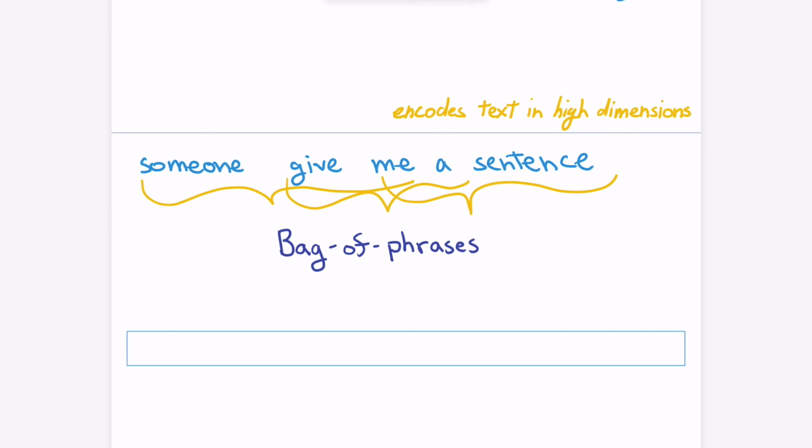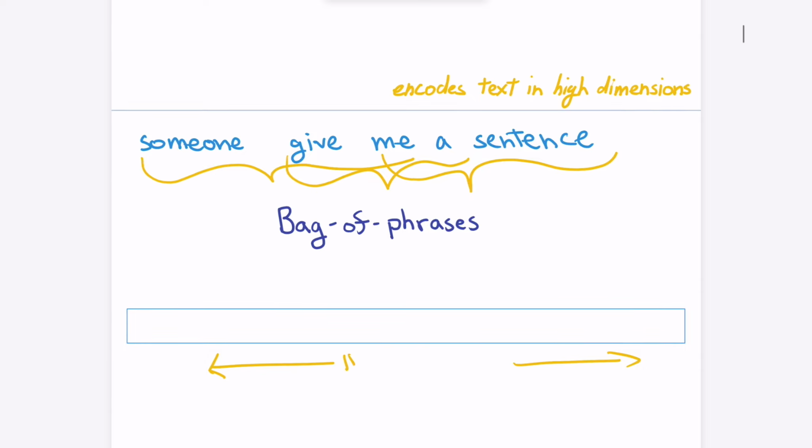Now what's the dimensionality of this kind of vector if I filled it out for bag of phrases? Yeah, it might be the number of English words to the third power or something.